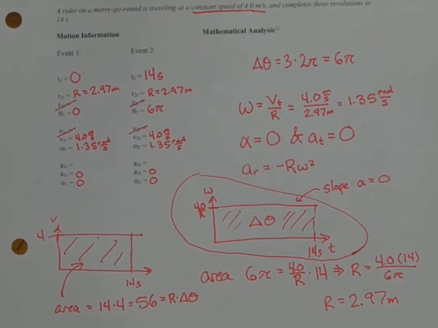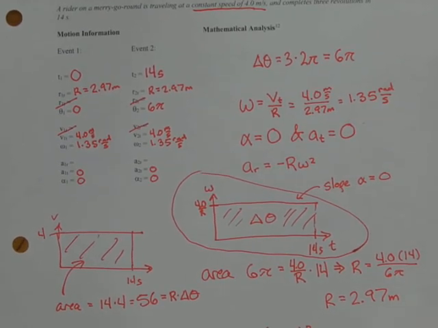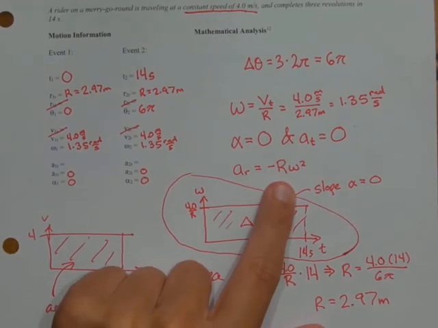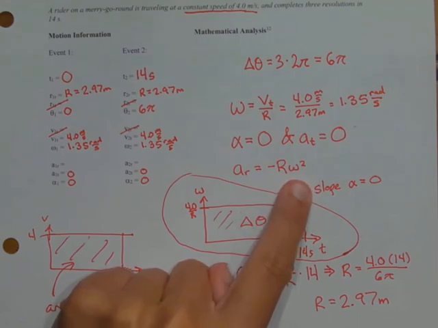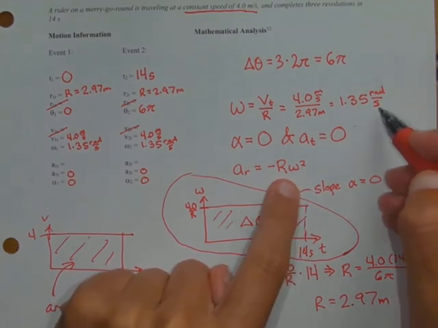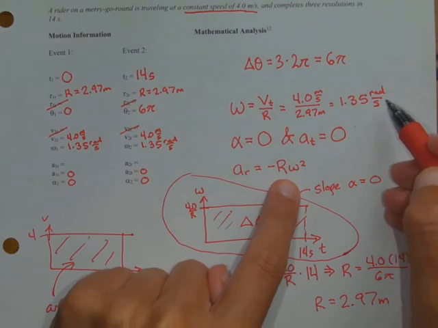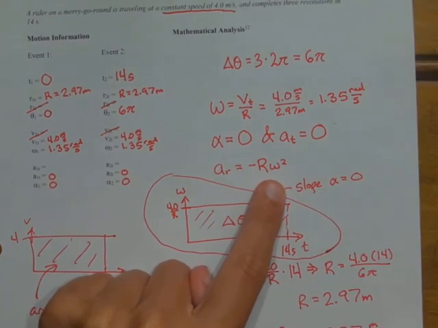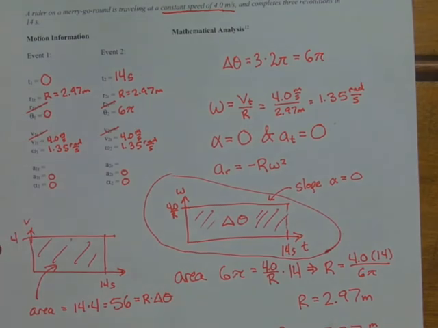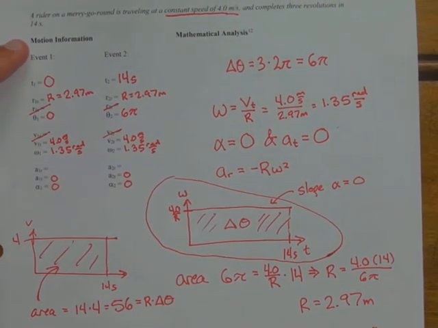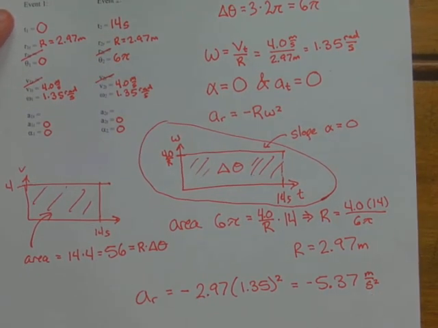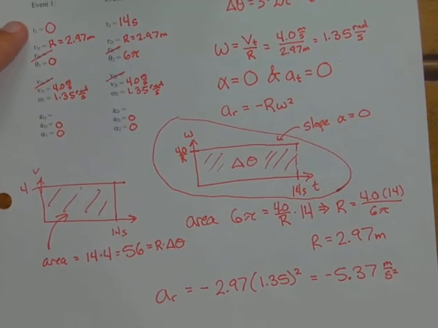So I get for that negative 5.37. The units for the radius are meters, and the units for omega are radians per second. So this gives you meters times radians squared per second squared, but we don't want the radians in there, so we can just throw them away, and that leaves us with units of meters per second squared for the radial component of acceleration.